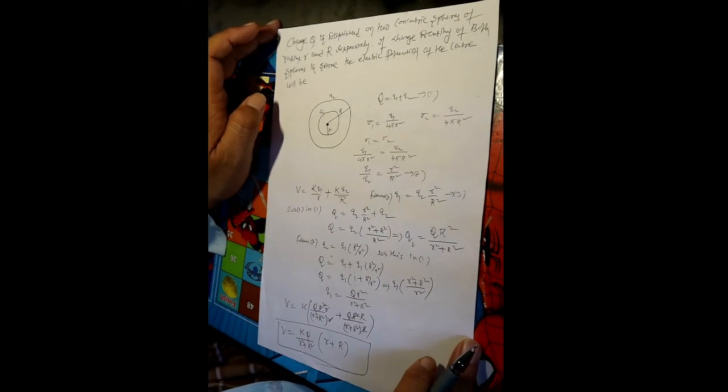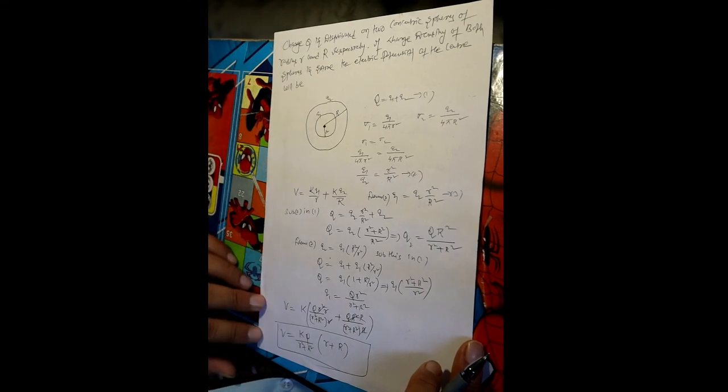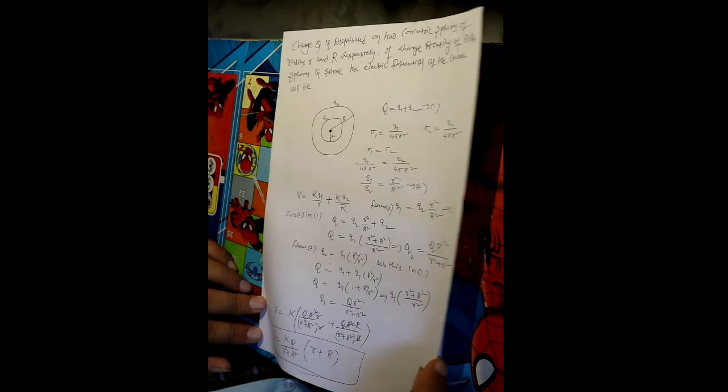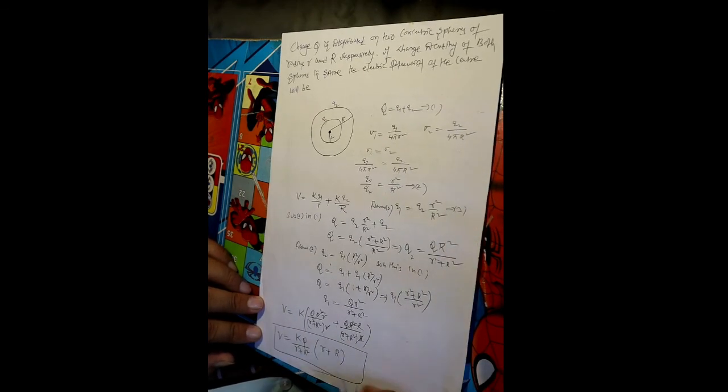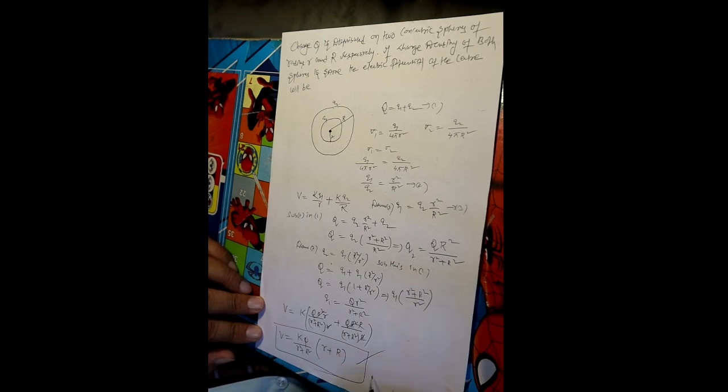This is a very lengthy problem, so do this problem quickly. So our option is V is equal to KQ by r square plus capital R square into small r plus capital R. Right.